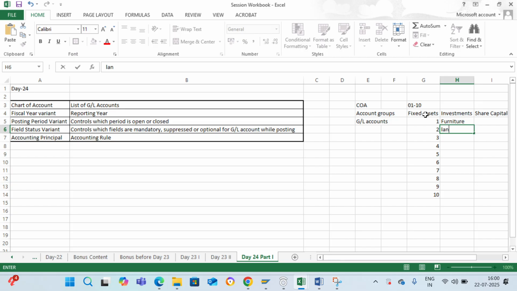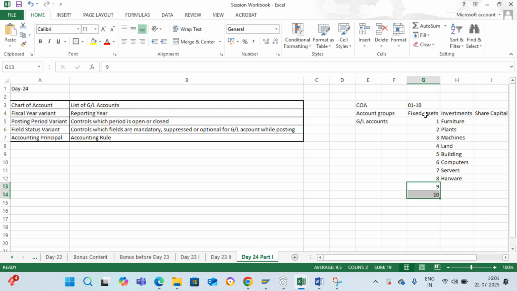furniture, plants, machines, land, building, computers, servers, hardware, etc. So like this we can create 10 accounts in the account group for fixed assets.